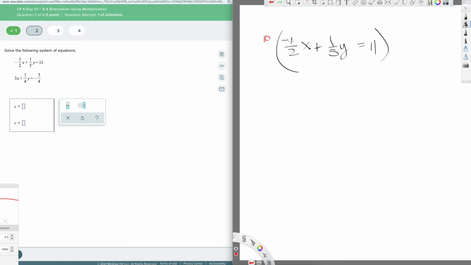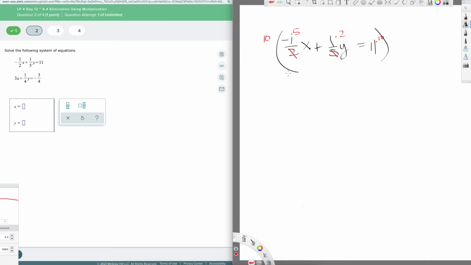With this one, I have to multiply every single piece by 10. So negative 1/2 times 10, that's 10 divided by 2, which becomes 5, so it's negative 1 times 5, which is negative 5. 10 divided by 5 is 2, so 1 times 2 is 2, and 11 times 10, we're just going to multiply that out.